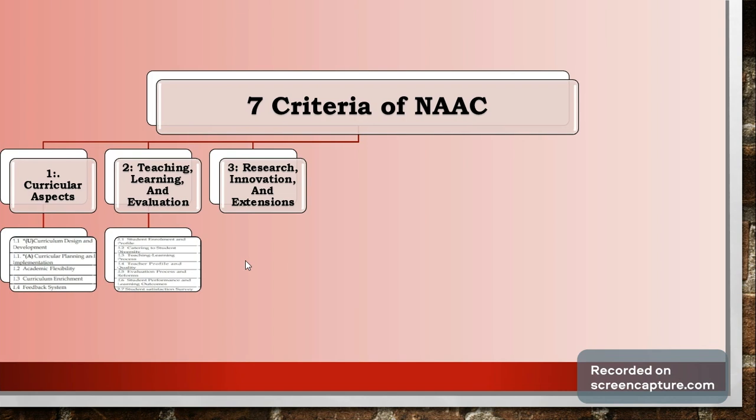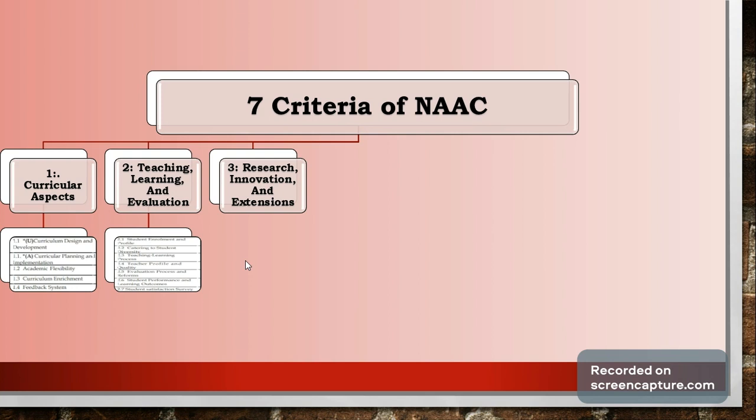After that, the third criterion relates to research, innovation and extension. This third criterion plays an important role in the overall development of students. So this criterion for NAAC majorly focuses on encouraging students to research and innovate.